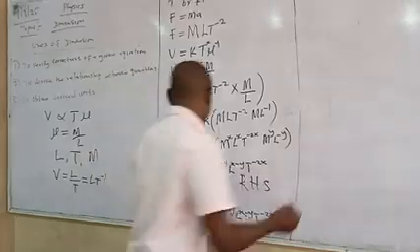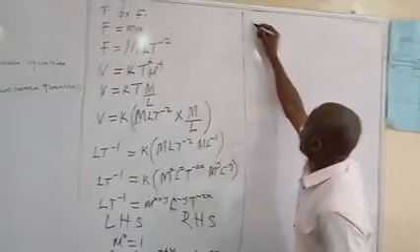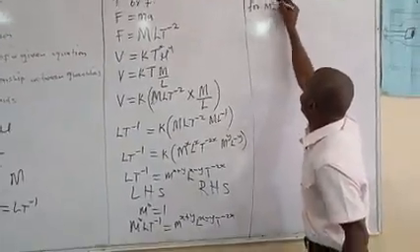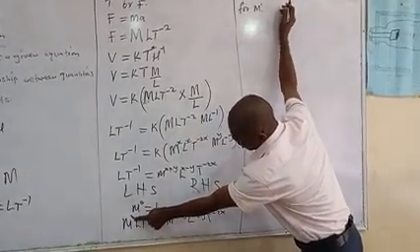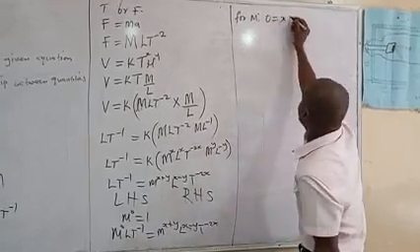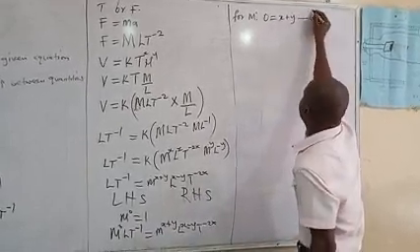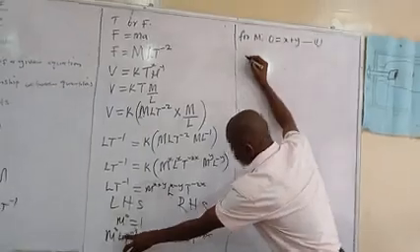So therefore, we compare both sides. For M, the power of M here is 0. So I say 0 equals what? X plus y. That's equation 1. For L, the power of L here is 1.